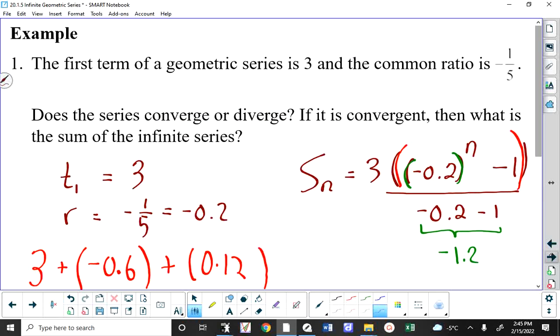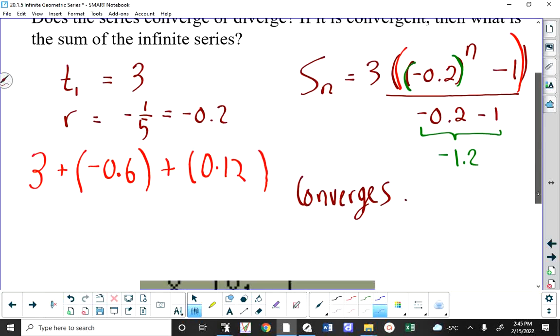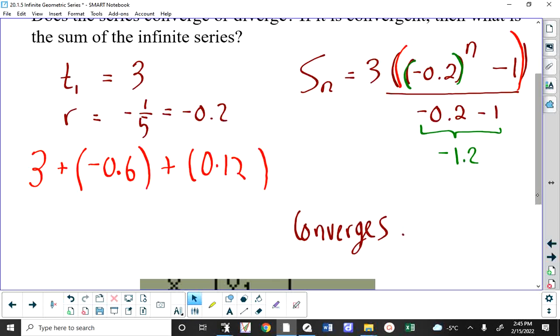So, does the series converge or diverge? It converges, which means we could call it a convergent series. If it's convergent, what is the sum? So now we start to introduce an actual sum. If I say to you, 3 plus ... what does that equal?